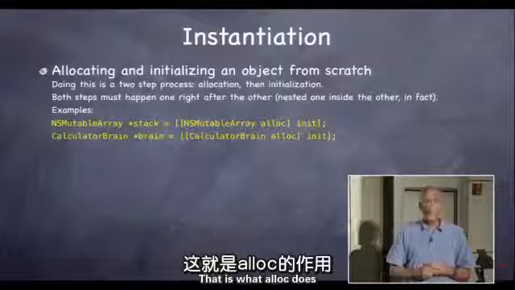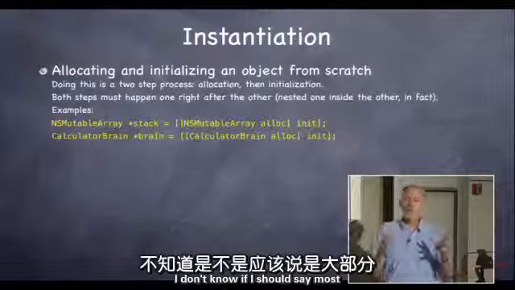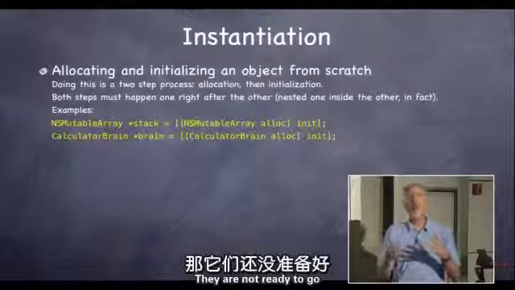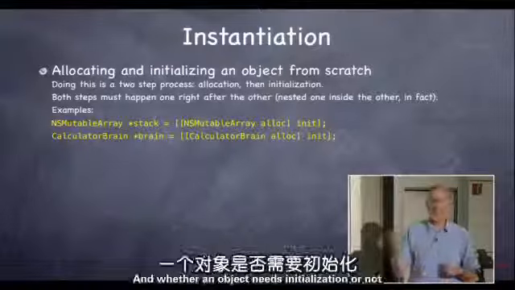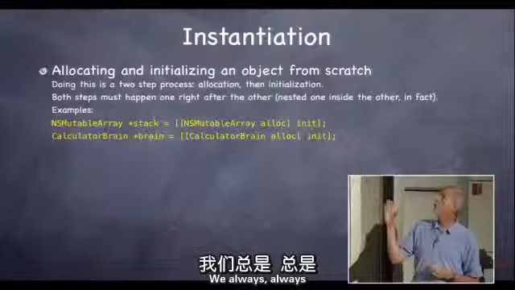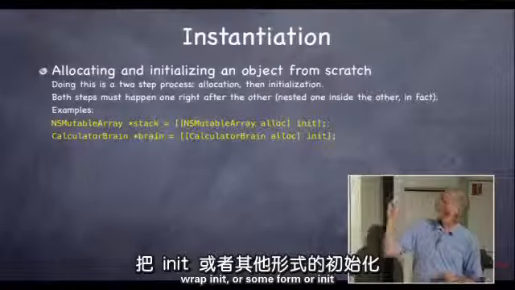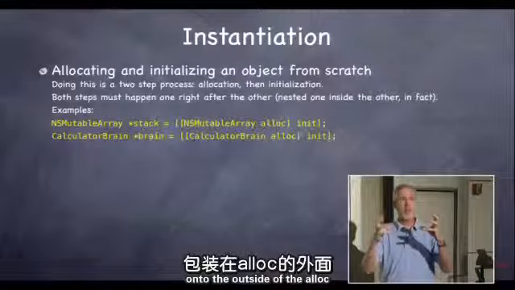That's what alloc does. But, you know, a lot of objects, if you created them and they're all 0 like that, they're not ready to go. They need some initialization. And whether an object needs initialization or not, we always, 100% of the time, wrap init, or some form of init, onto the outside of the alloc.